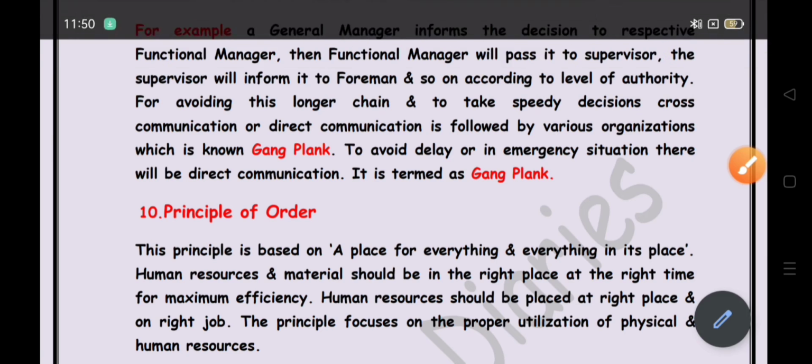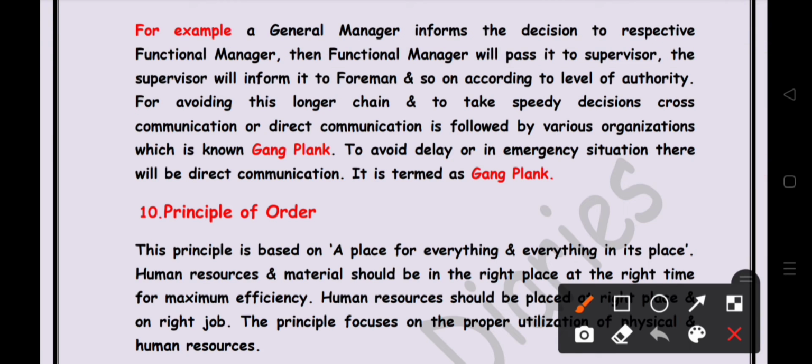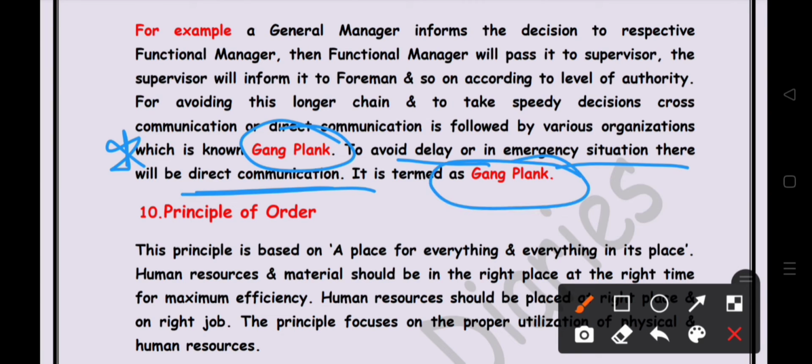This kind of direct communication between the higher authorities and the lower authorities is popularly known as a gang plank. So this is also an important keyword. To avoid delay in an emergency situation, direct communication is termed a gang plank.